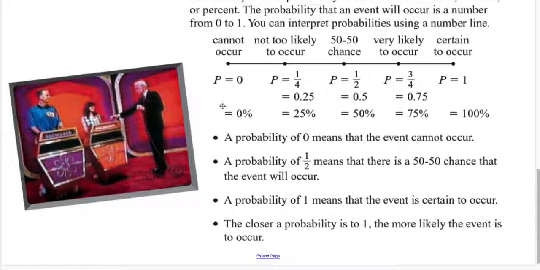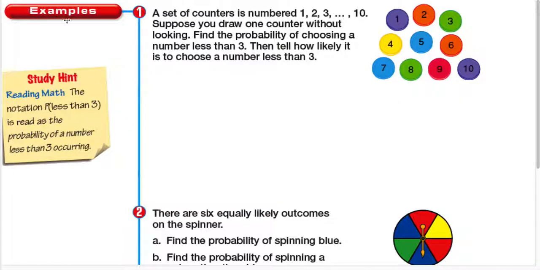Okay, let's take a look at example number 1. A set of counters is numbered 1, 2, 3 all the way to 10. Suppose you draw one counter without looking. Find the probability of choosing a number less than 3. Then tell how likely it is to choose a number less than 3.